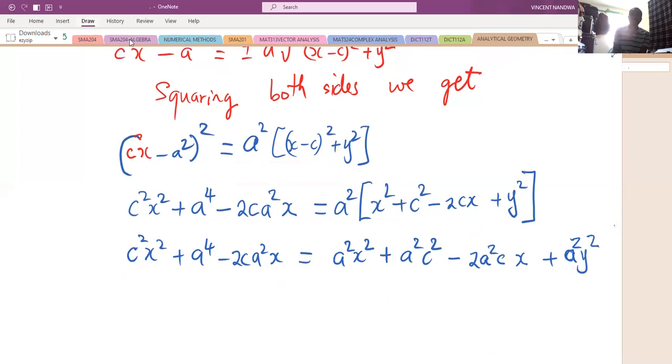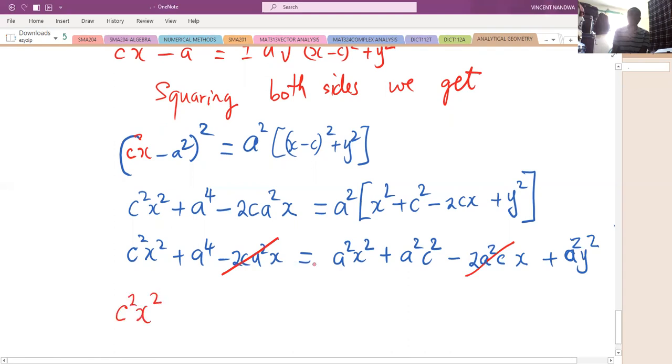Let's see which terms will cancel here. You see this term and this term are the same and they have the same sign, so they cancel out. Now bring all those terms with x and y to the left, and take terms without x and y to the right. So we'll have c squared x squared, bring this one to the left, minus a squared x squared.